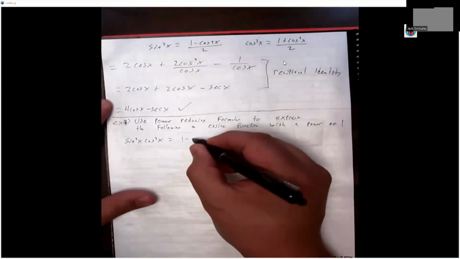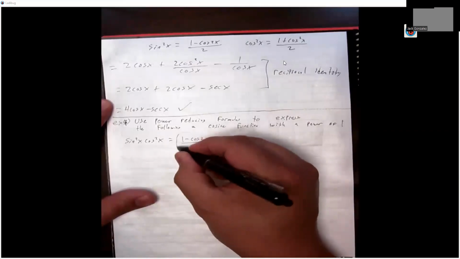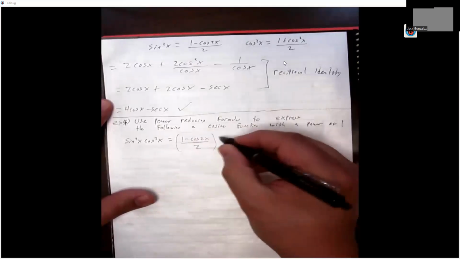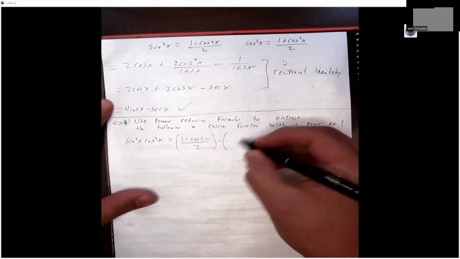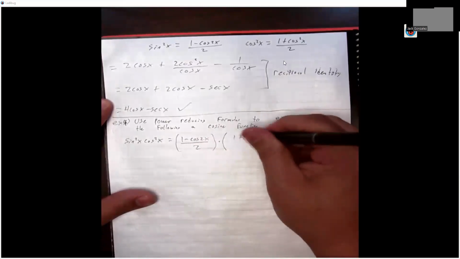You're going to get 1 minus cosine 2x for the sine times 1 plus cosine 2x.